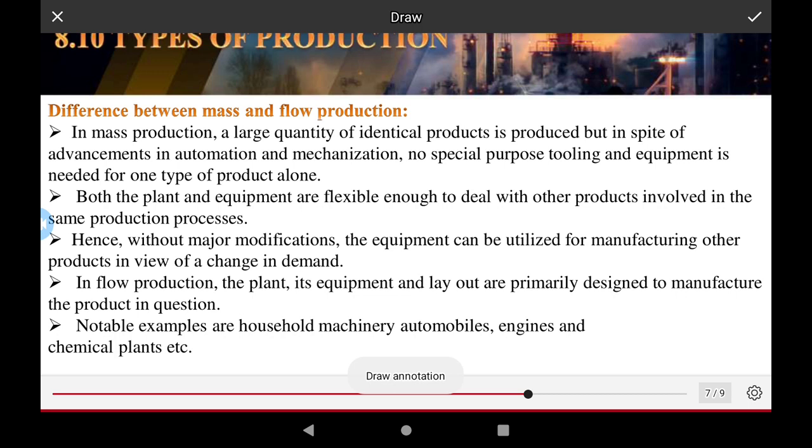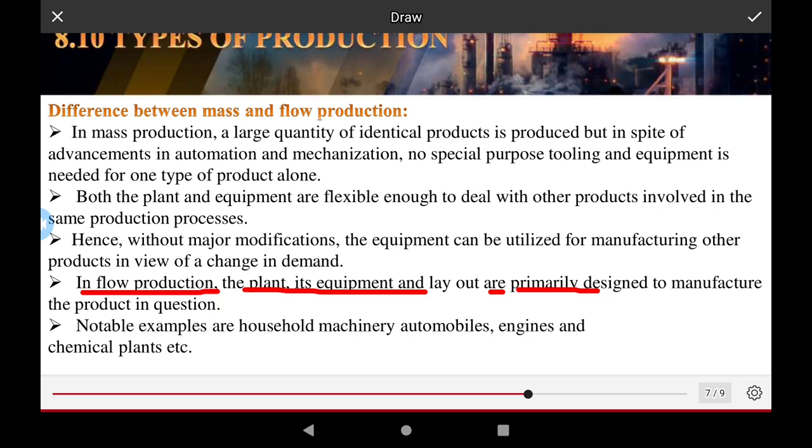In continuous flow production, the plant, equipment, and layout are primarily designed for the manufacturing of a particular product. Suppose the product is generated in production time, before which material handling and raw material are required. Examples are household machinery, automobiles, engines, and chemical plants.